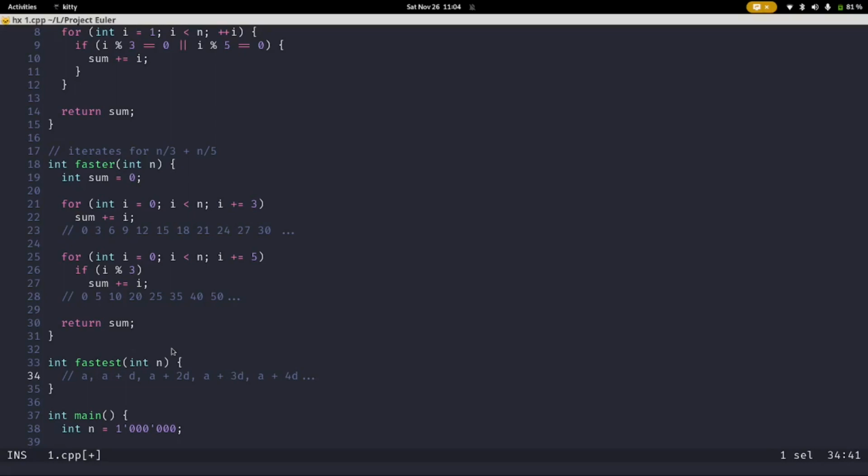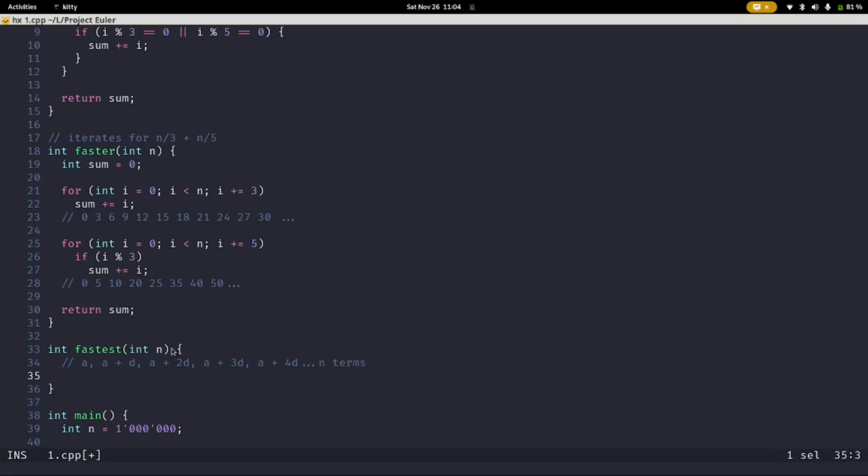If there are n terms, the sum of these n terms is equal to n over 2 times (2a plus (n minus 1) times d).